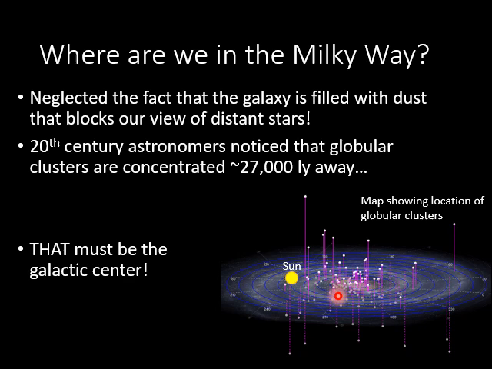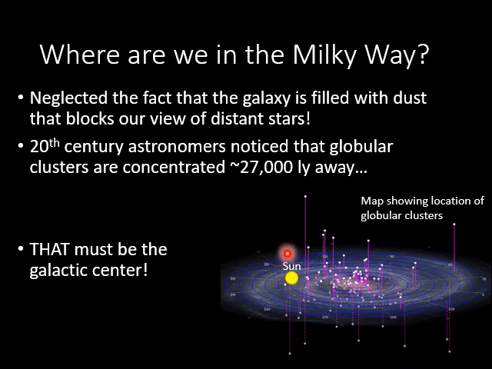So here's the center of the galaxy. Here's where we are. Each one of the white dots is a globular cluster, and there are purple lines drawn straight down to the plane of the galaxy to try and give you a sense of where the globular cluster is located. All of these globulars are above the plane of the galaxy. All of these are below the plane of the galaxy.